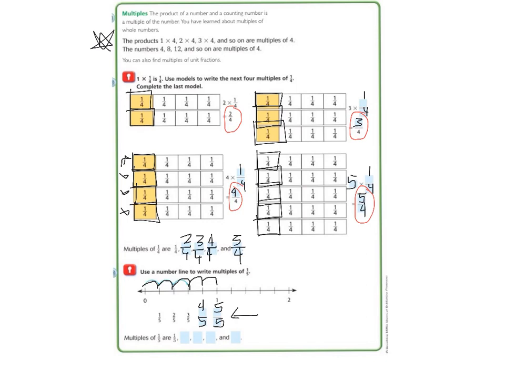So the multiples of 1/5 are 1/5, 2/5, 3/5, 4/5, and 5/5.